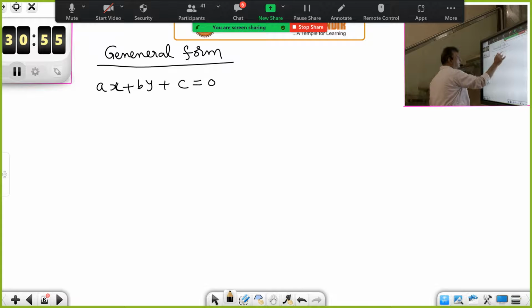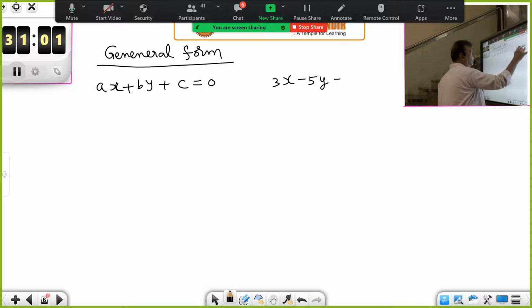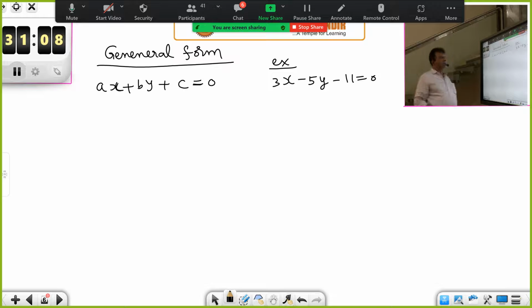This is called the general form. For example, 3x minus 5y minus 11 equal to 0. We say that this is the general form of the equation of a line. Okay. That is called the general form.